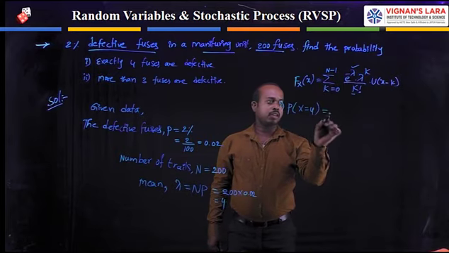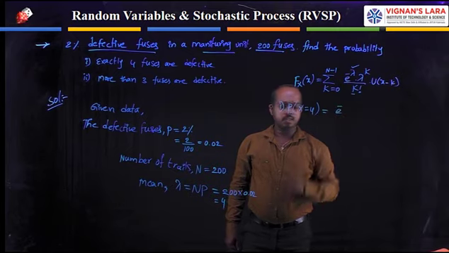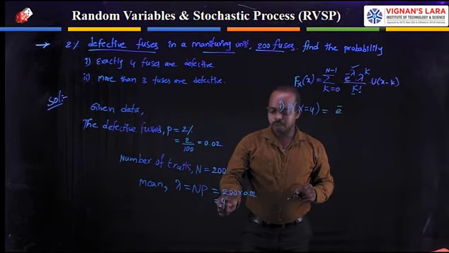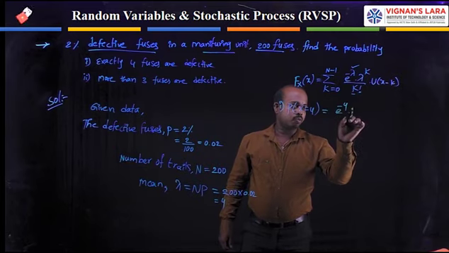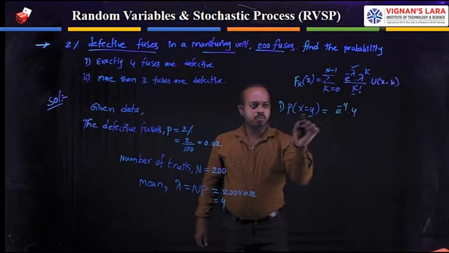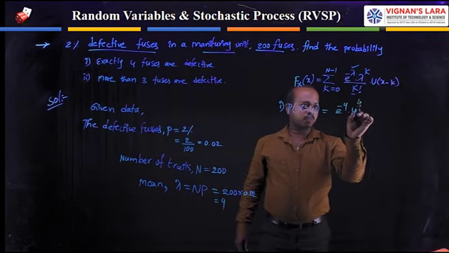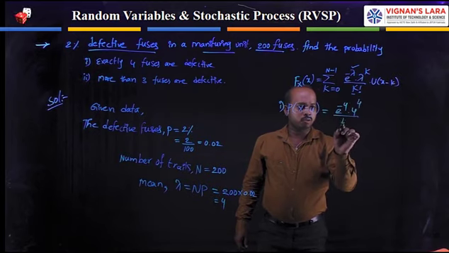So I am writing e power minus lambda, where lambda is 4, into 4 power k, where the k value is 4.